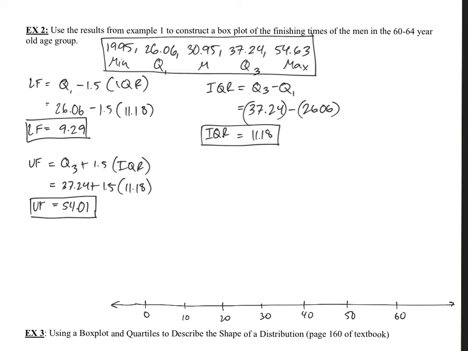Now what do we need to do? Insert vertical lines at Q1, M, and Q3. Q1 is about 26.06, so a little more than halfway. It's Q1. And then our median is 30.95, so a little bigger than 30.